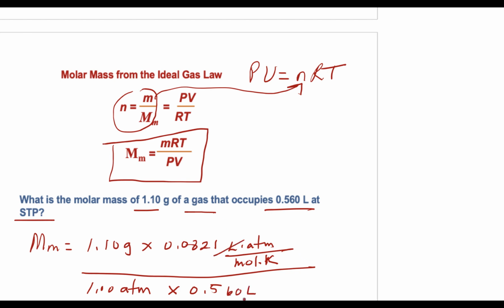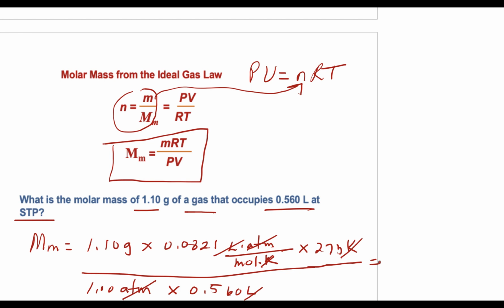So we see here that everything, we're missing our temperature. That's 273 Kelvin. I was going to say that should be canceling. See, that's why it's a good idea to use your units. Always include your units. So now I'm left with grams per mole. That'll give me the molar mass.